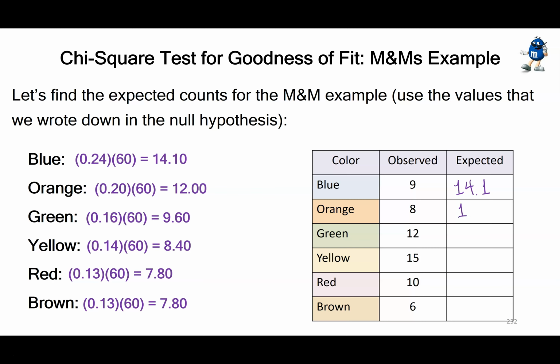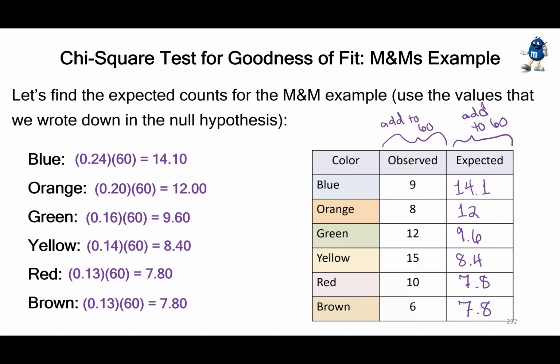I'd have 12 for orange, 9.6 green, 8.4 yellow, 7.8 red, and 7.8 brown. Things to note: if I add the observed up, I should get to 60, my sample size. If I add my expected counts, they should add to 60 as well. Something's gone sideways if they don't also add to the same sample size.